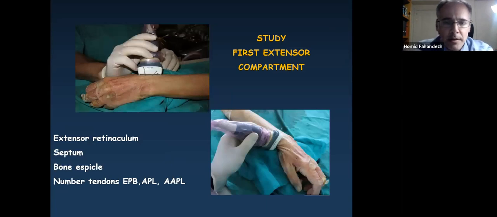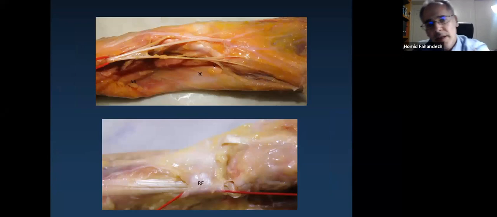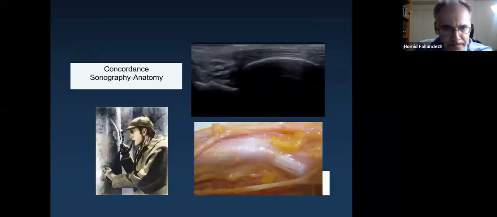We studied different things in the compartment: the length of the extensor retinaculum, the presence of intracompartmental septums, the number of tendons and slips that you can find inside of the compartment. And then after the study with ultrasound, we checked it with an open dissection in 20 cadaveric specimens.